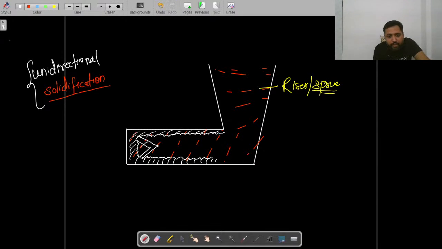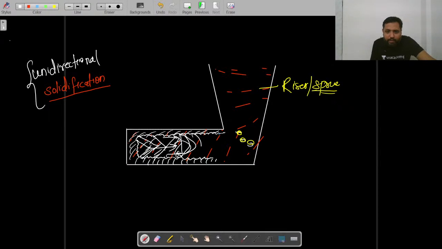So these solidification fronts will keep forming and moving in this direction. Meanwhile, whatever impurities are there will be pushed away by these solidification fronts, and these impurities will reach here at the end of the cavity, right here. And this solidification happened.